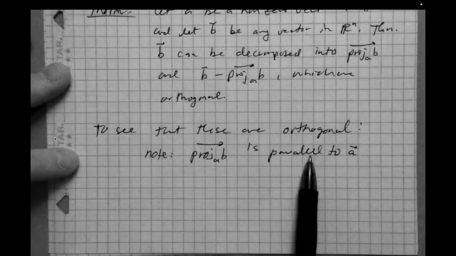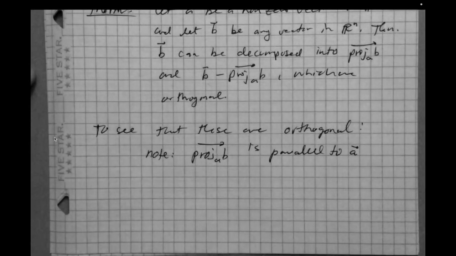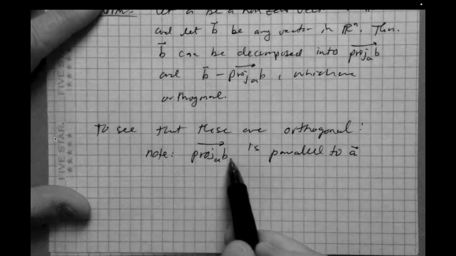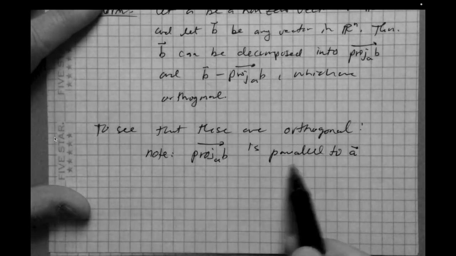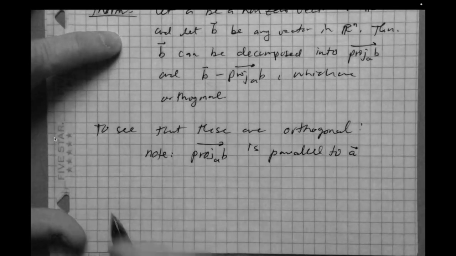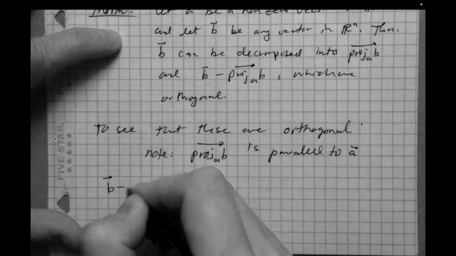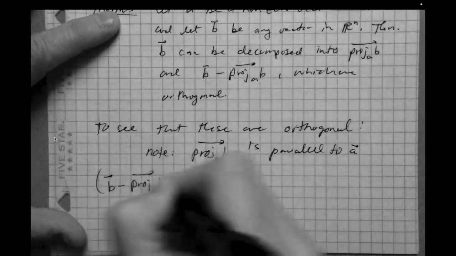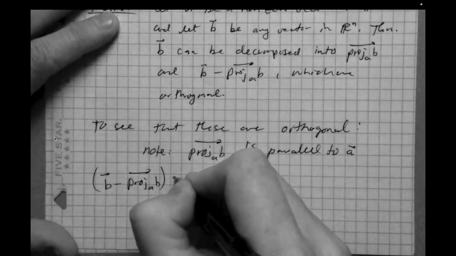If a vector is orthogonal to another vector and a third vector is parallel, then it's also orthogonal. But we can just use the fact that the projection of B onto A is parallel to A and just do the dot product. So we can go like this. So here's your first vector. Let's dot that with A.